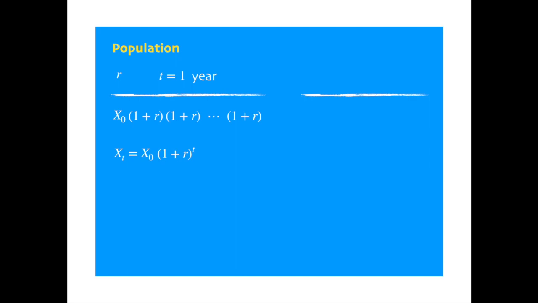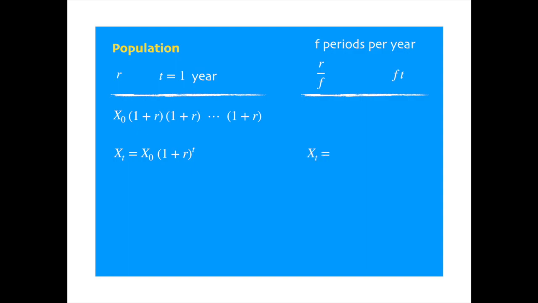Now assume instead of 1, we have f compounding periods per unit time, and the rate is still represented in terms of our unit of time, so it is a yearly rate. So in each compounding period, the population grows by r divided by f, and as there are f periods per year, there will be f times t periods in t years.